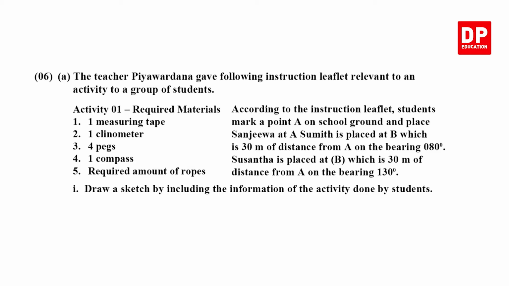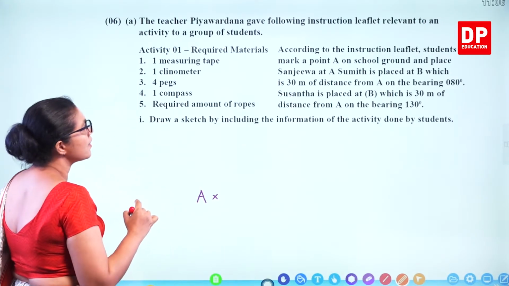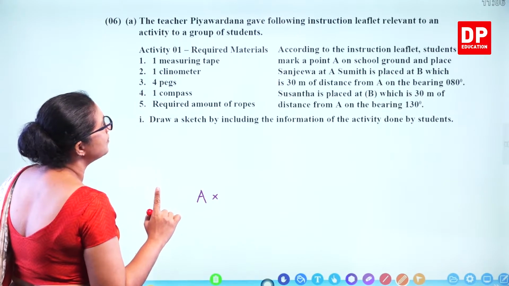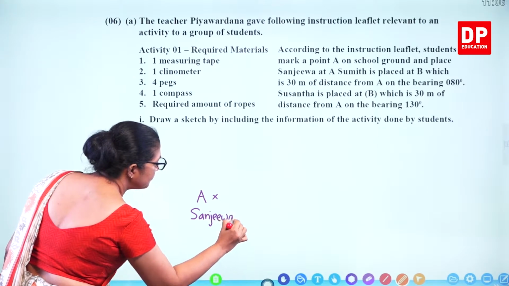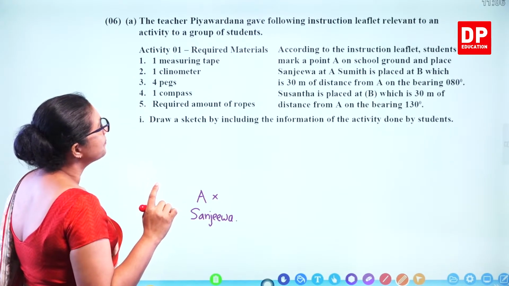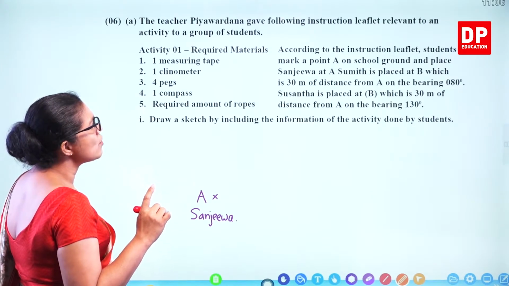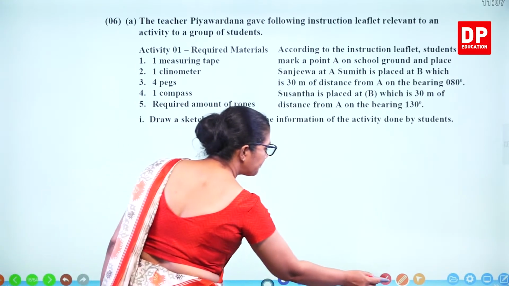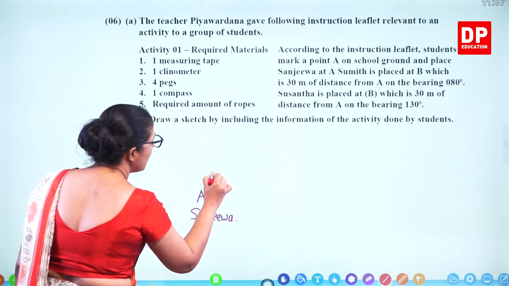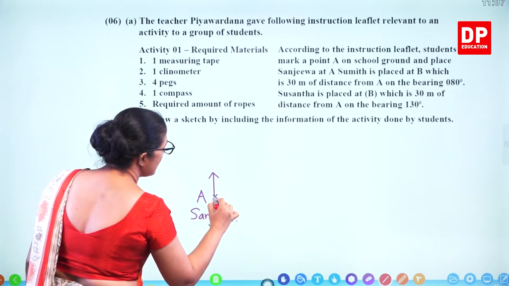So we have to draw the sketch by including information. So we'll start with A. This is Sanjeeva. Sumit is placed at B, which is 30 meters of distance from A, on the bearing 80 degrees. So bearing means you have to draw the north line and 80 degrees somewhere here.